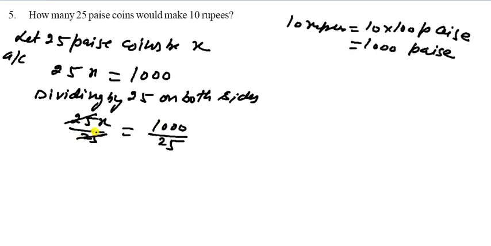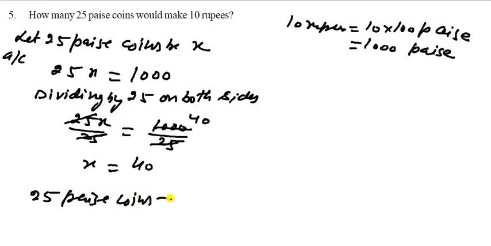So 25 will be cancelled out. 25 fours are 100, and 1 zero. So x will be equal to 40. So the number of 25 paise coins is equal to 40. So that will be your answer.